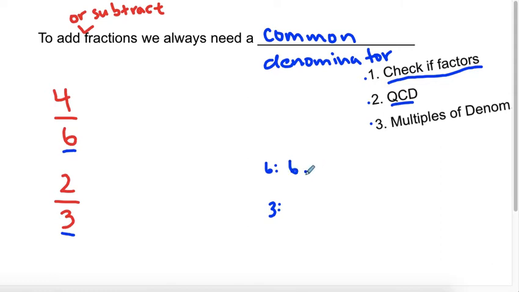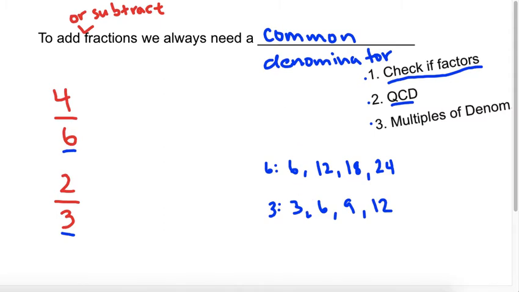So 6, 12, 18, 24, etc. You don't need to write out a ton. You just need to have enough that you're going to find some overlap. Here I'd have 3, 6, 9, 12. And you're going to see some numbers that are in both lists.